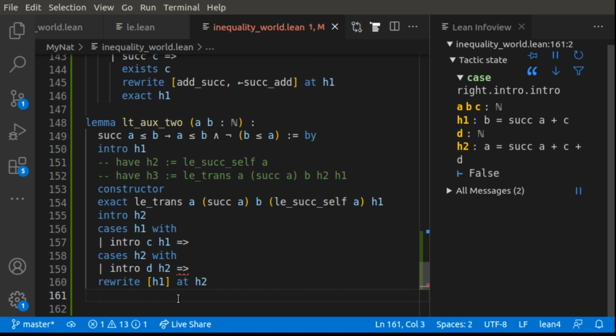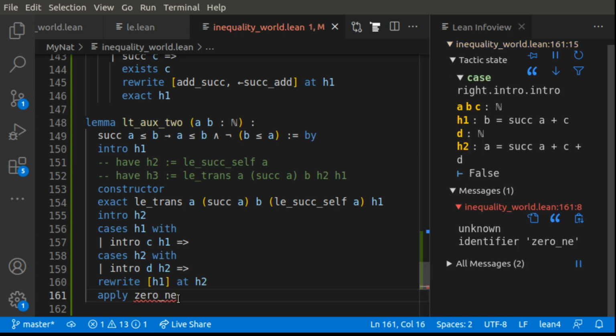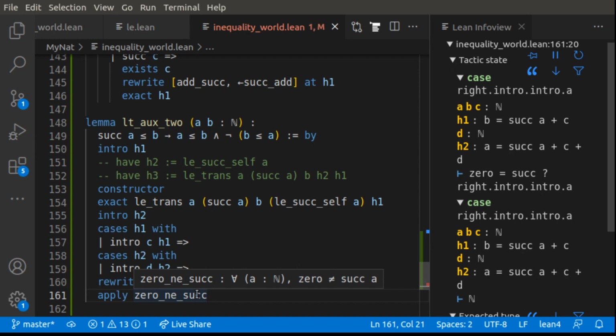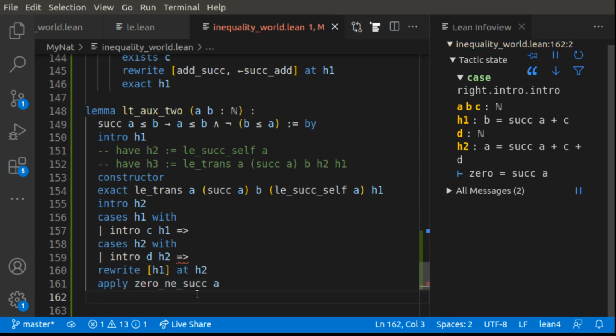Okay, I think that's what we do. We can apply 0 not equal to successor or something like that. What's it called? Yeah, 0 not equal to successor a. So our goal is to have 0 is equal to successor of a.